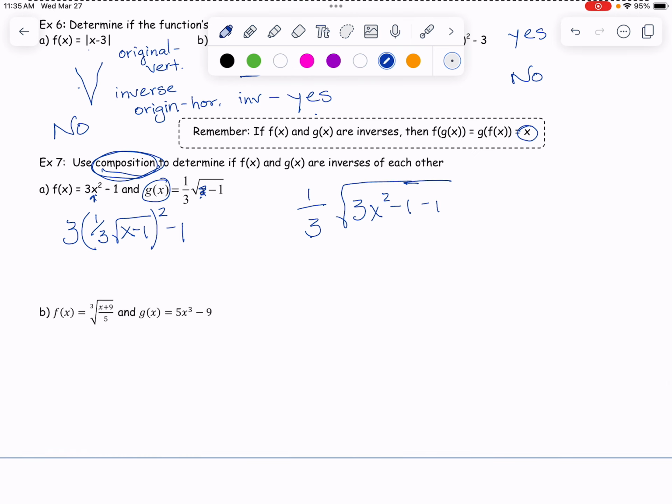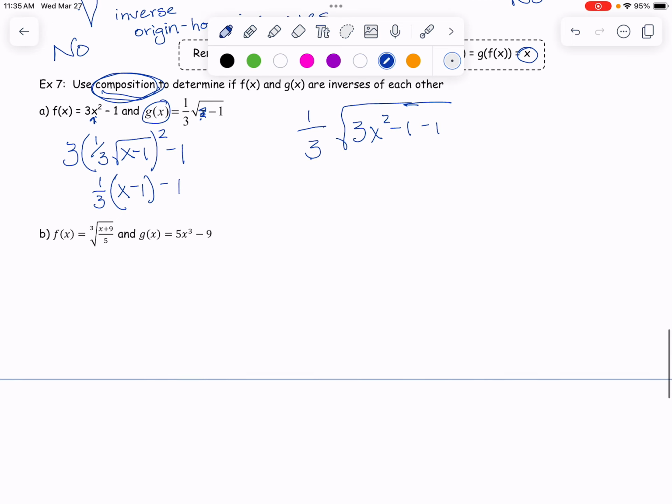Okay, so this would be the squared. 3 is on the outside. If I multiply 1/3 squared, that's 1/9. So this would be 1/9 (x minus 1) minus 1.